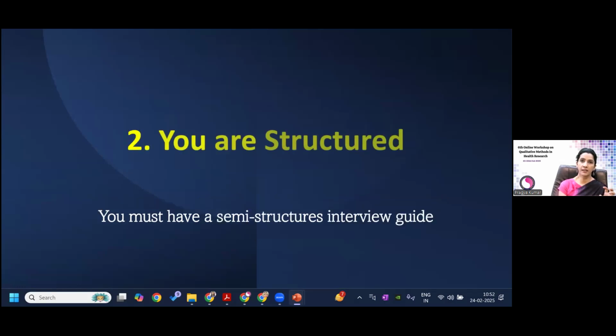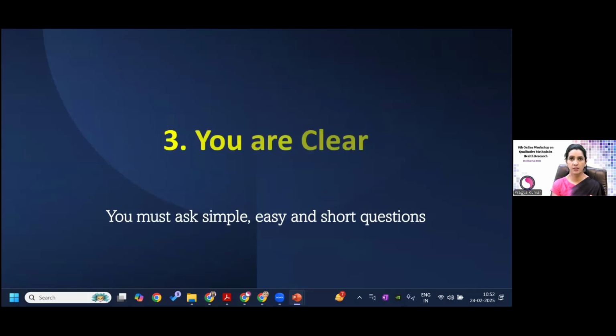The second thing is that you are structured, because you have a semi-structured guide, which is a kind of flexible guide. And you are very clear, because you should frame questions which are clear, easy, and very short.